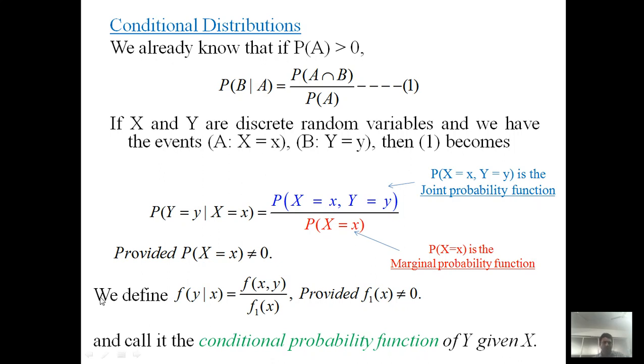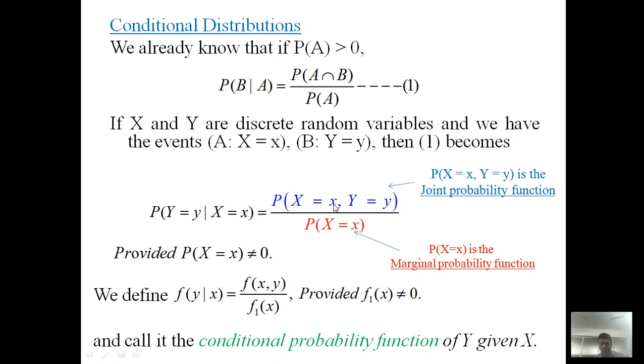Now this second last row represents just an alternate notation of the same thing, the conditional distribution. The probability of y given x is also written as f of y given x. So either you write f of y given x or the probability, both are same.